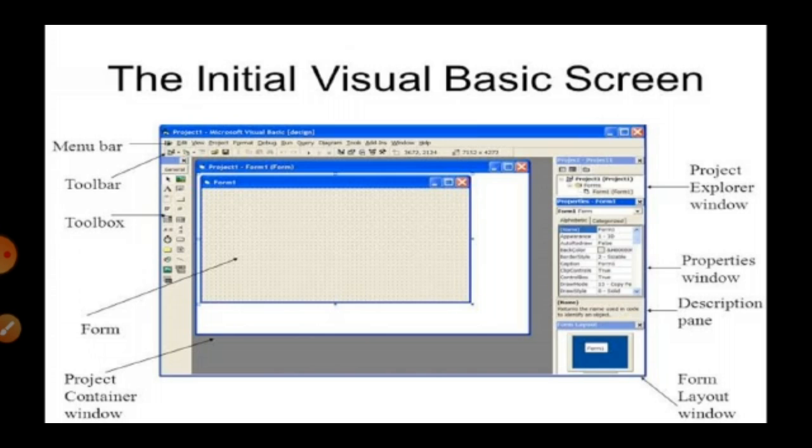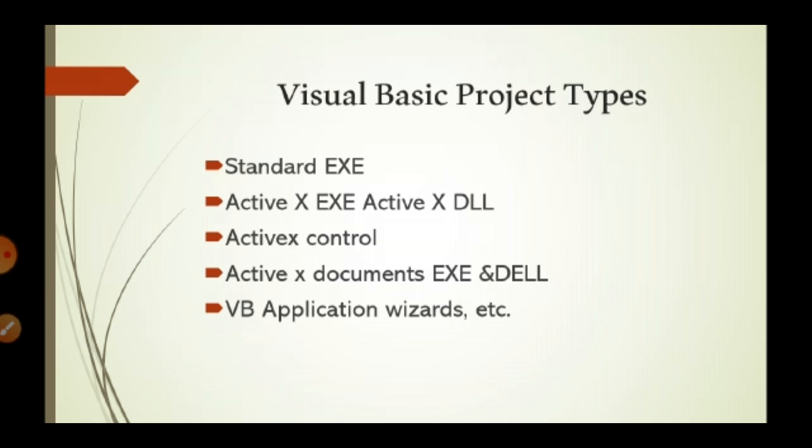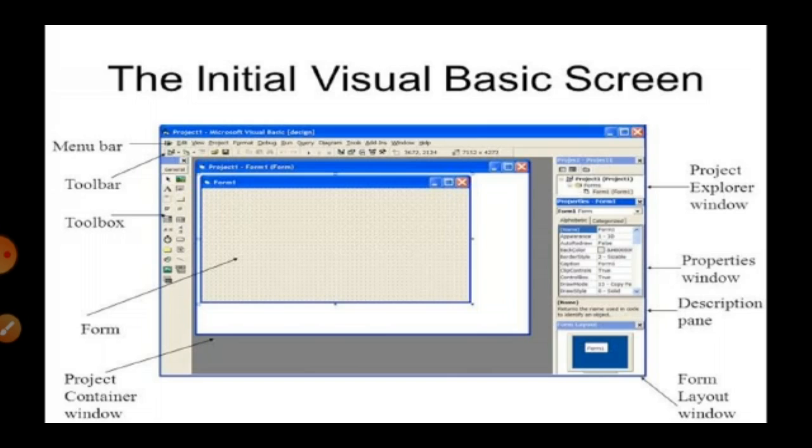At the top is the menu bar, under it the toolbar, on the left-hand side the toolbox, in the middle the form, under the form the code window, on the right-hand side the project explorer window, under it the properties window, and under that the description pane and the form layout window.